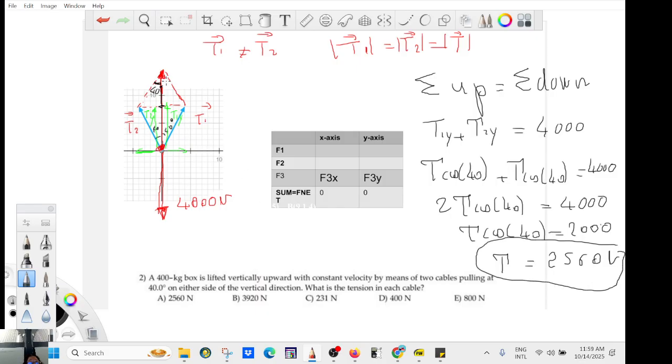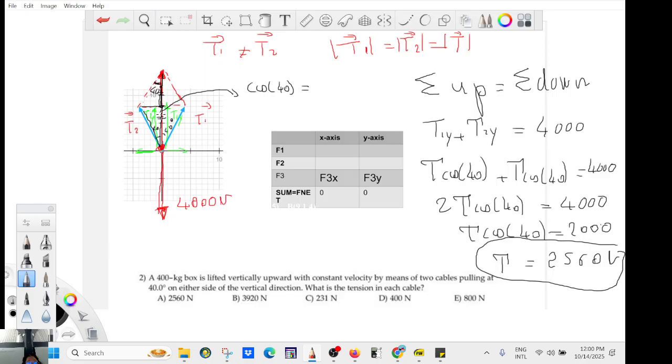The other way, if you do a little bit of trigonometry here, you work in that triangle here. It's a right angle triangle, and you see that cosine 40 equals, that's going to be half.